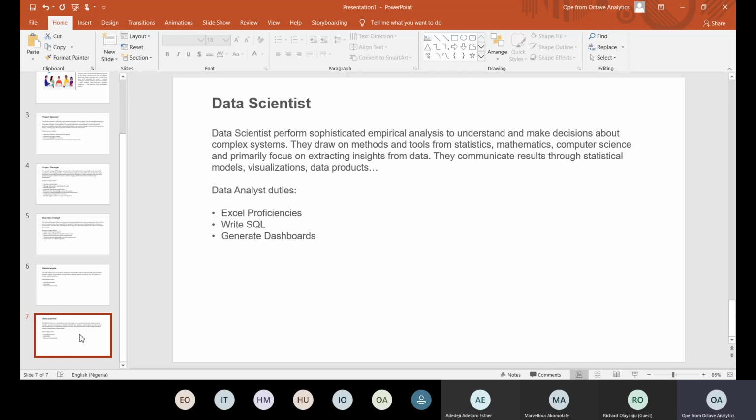Because once the data is messed up, every dashboard that the data analyst or the data scientist comes up with becomes messed up, and that messes up the project. So the role of the big data engineer is very, very important.